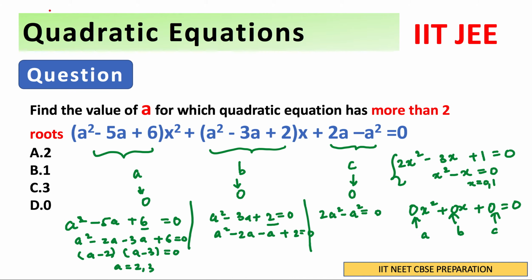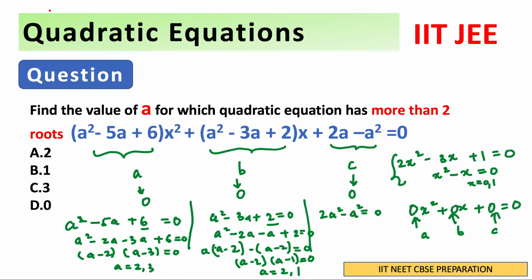If I take a common, I'll get a minus 2, and similarly a minus 2 into minus a plus 2, so minus 1, is equal to 0. So basically from here I'll get a minus 2 into a minus 1. So I can write a is equal to 2 and a is equal to 1.